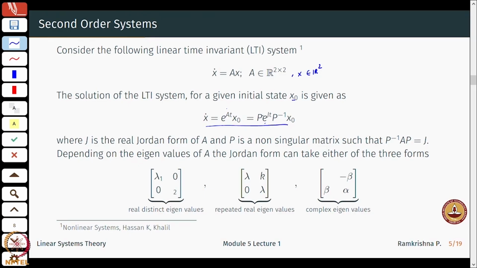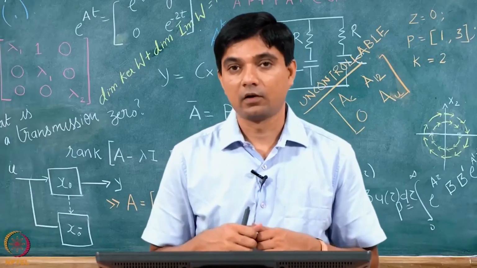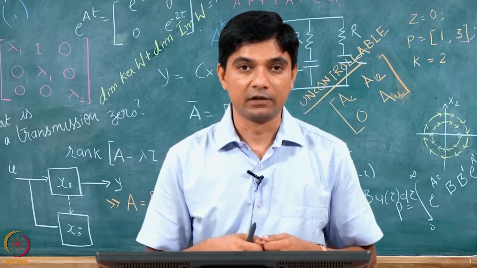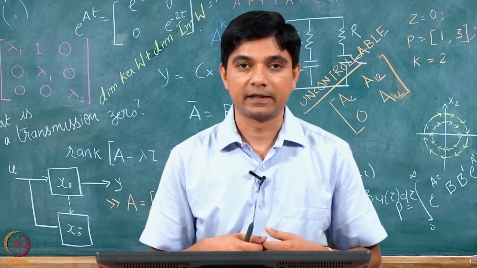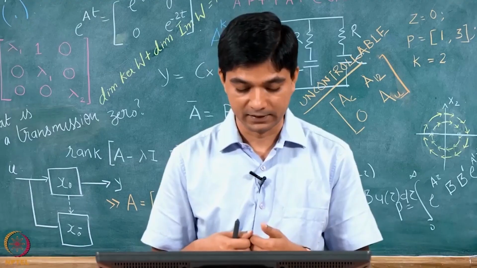So, e power At, and here J is the real Jordan form of A, P is a non-singular matrix which takes it from a given form to its appropriate Jordan form, and we also know how to derive this matrix P. Depending on the nature of eigenvalues, the Jordan form can take several forms. In this case, essentially it will take 3 forms.